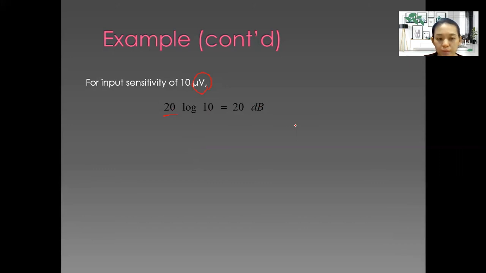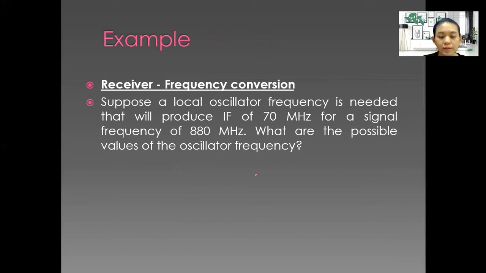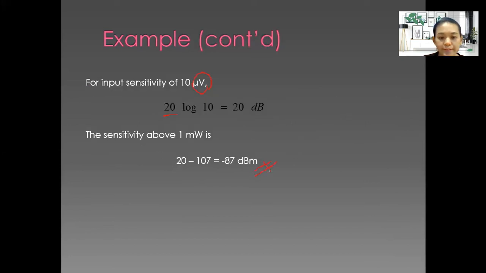Then the sensitivity relative to 1 milliwatt is 20 minus 107, and we get negative 87 dBm. So this is our answer: in this range, the sensitivity relative to 1 milliwatt is negative 87 dBm.